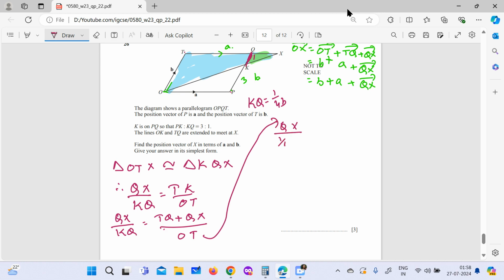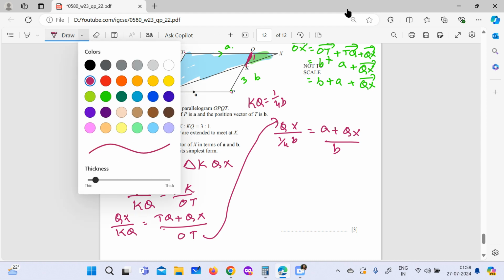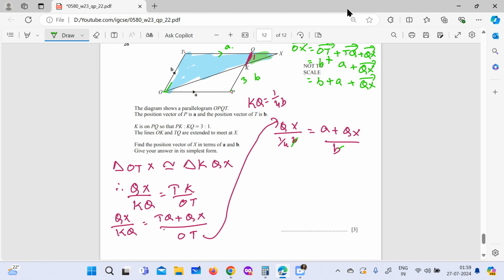QX upon 1 over 4B equals TQ, which is A, plus QX, over OT, where OT is B. So the B's cancel.